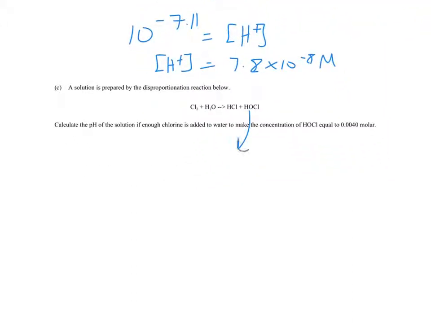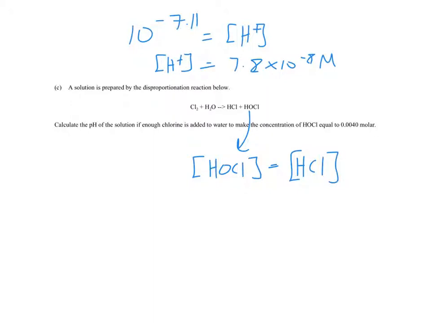This is very similar to the last question, letter E, on the very first one that we've gone over, basically adding chlorine to water. This one looks a little bit different, but the same concept. This is an HOCl concentration at equilibrium. Since it's at equilibrium, the HOCl is equal to the HCl concentration.